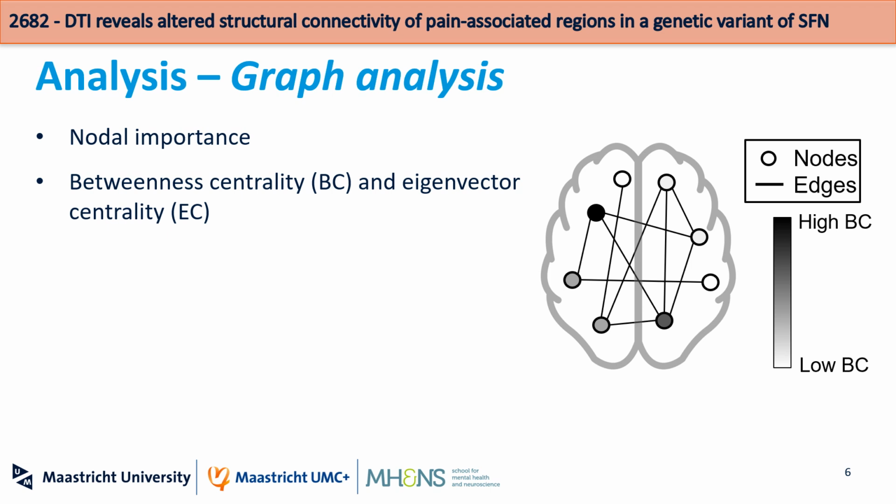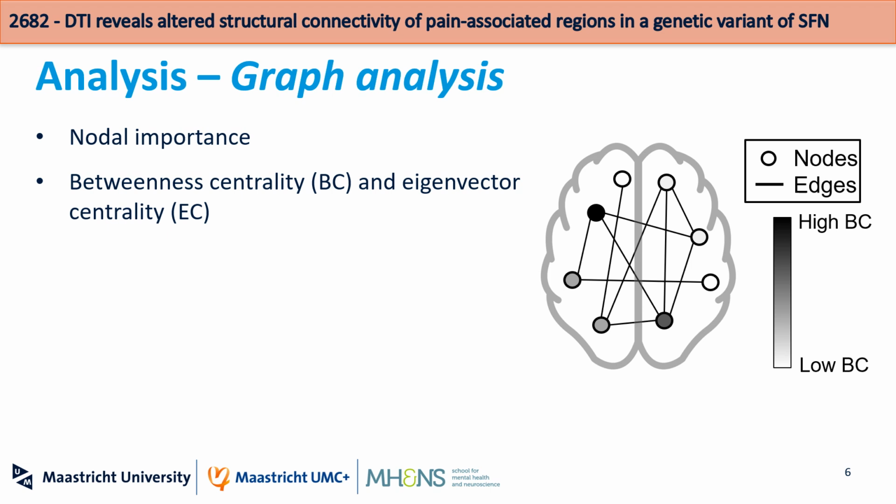And for this, we calculated the betweenness centrality and the eigenvector centrality, which are both measures of nodal importance. It's good to note that these measures are not the same as the degree of a node, but they measure how much the node is involved in the network. So it can also be a lower degree node that has the highest nodal importance.